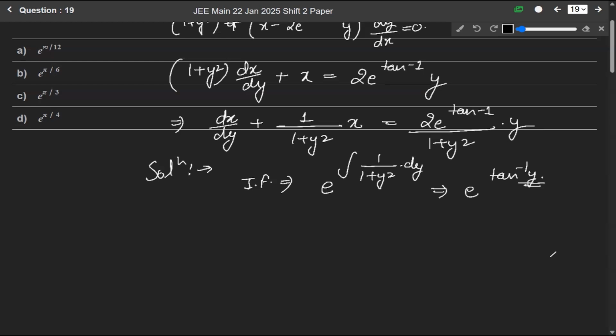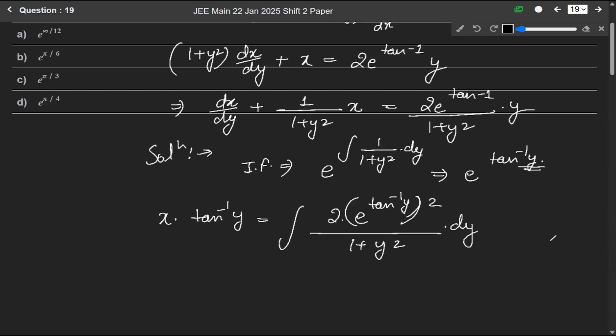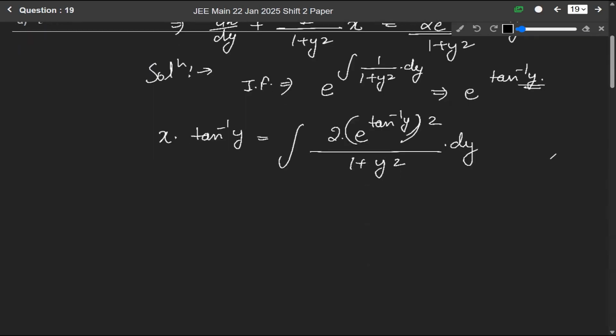Okay. So its solution will be x into e to the power tan inverse y equals integration of 2 into (e to the power tan inverse y) whole square over (1 plus y square) dy. So when we solve it, x into e to the power tan inverse y will be equal to e to the power 2 tan inverse y plus c.